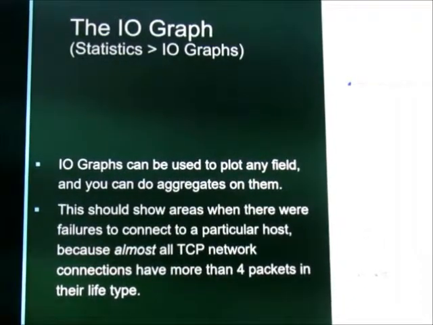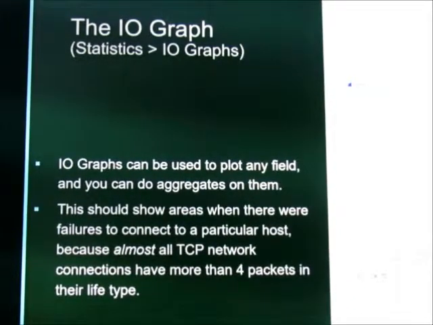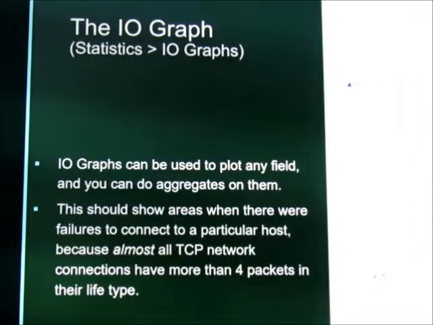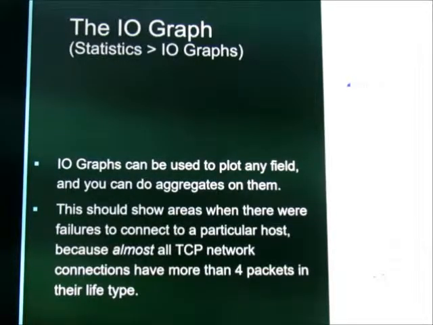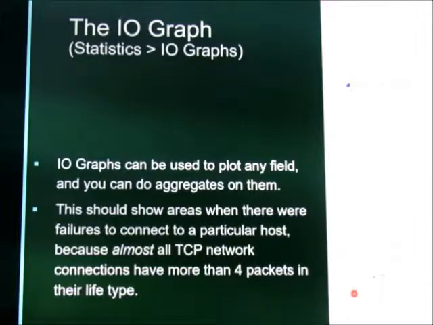So I have to try to take little tiny samples to see if it is the receive window just being too high. And what I would do in the I/O graph is take any one of those display filters, apply it to the display filter part right here, and then I could make an aggregate based on that.